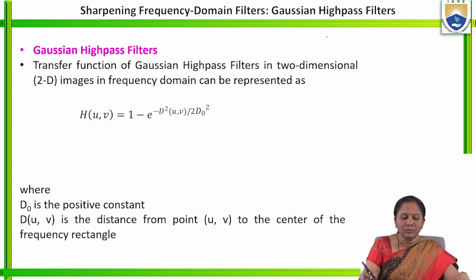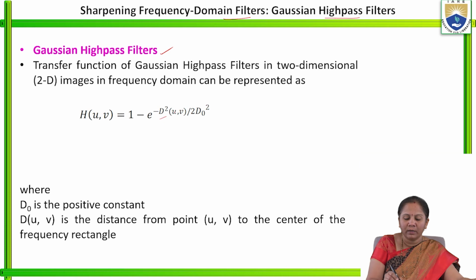Now coming to the third classification under sharpening frequency domain filters. The third classification is Gaussian high pass filters. This Gaussian high pass filter is dependent on a value D0.